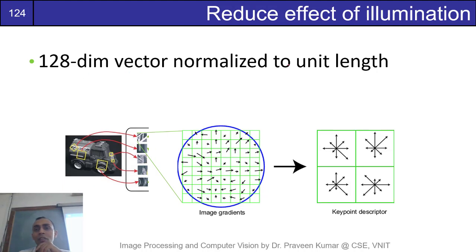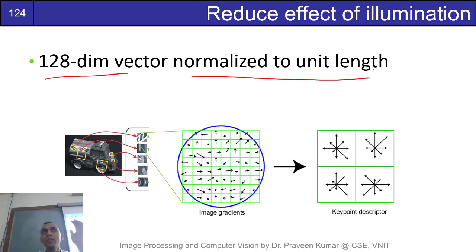And to reduce the effect of illumination, the entire vector is normalized to unit length. So it is like normalization. The entire 128 dimensional vector will be normalized by its magnitude, so that it becomes unit length. The magnitude itself doesn't matter so much. It is the distribution within that vector which will matter, not the exact magnitude, because the magnitude may change because of illumination changes or whatever.